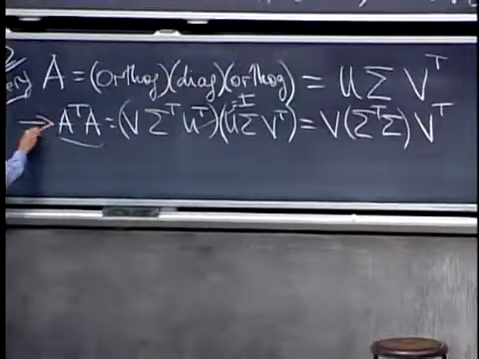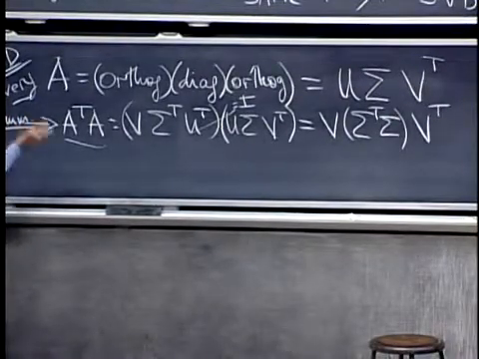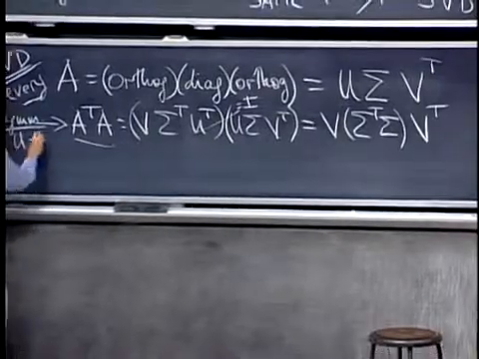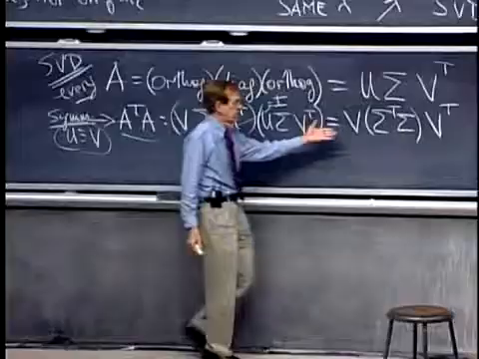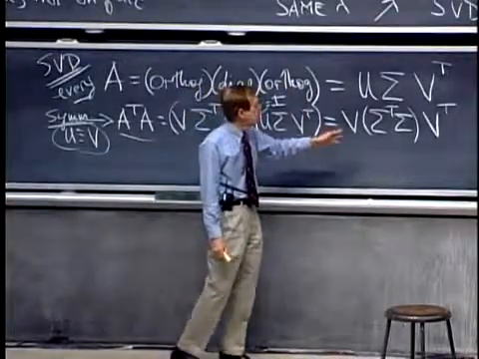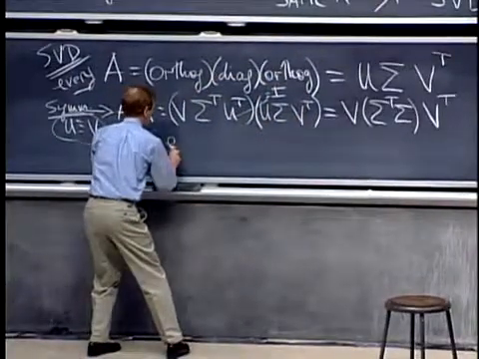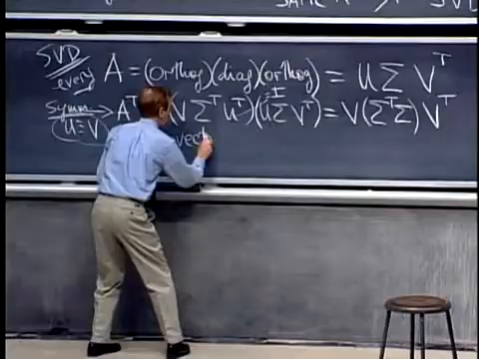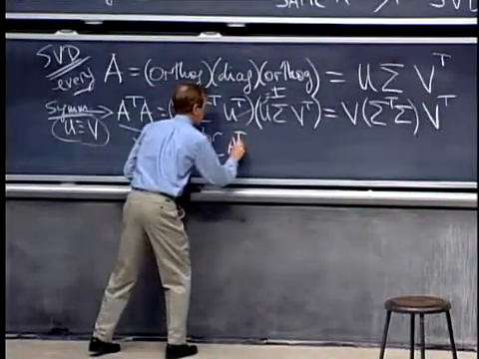This thing is symmetric. So in a symmetric case, U is the same as V, and of course we see it happening. Okay, so that tells us right away what V is. V is the eigenvector matrix for A transpose A.